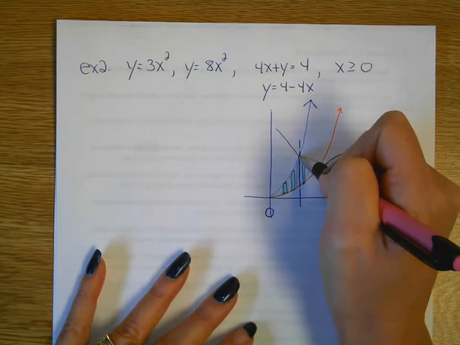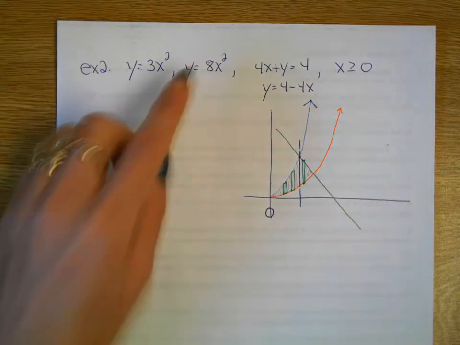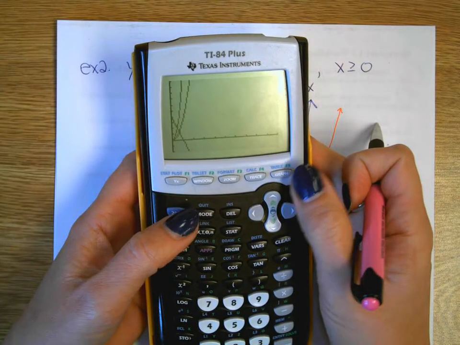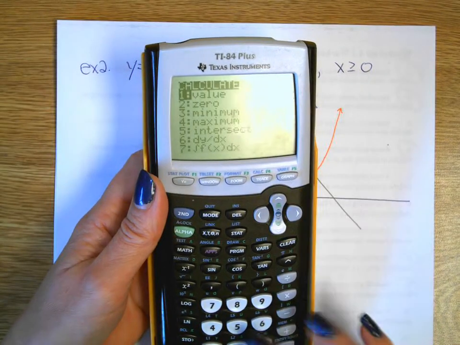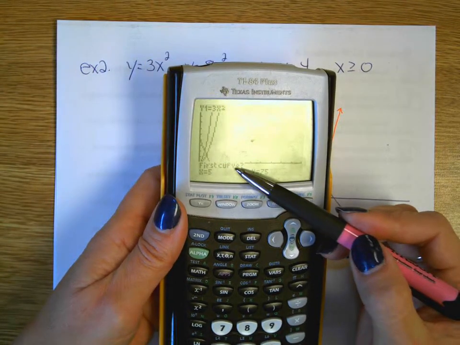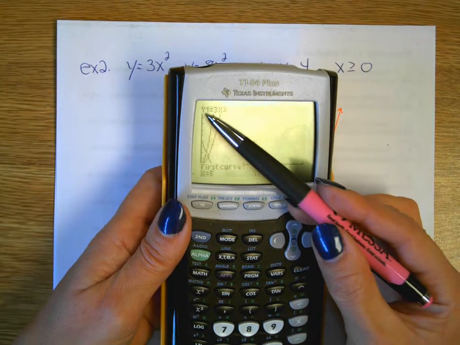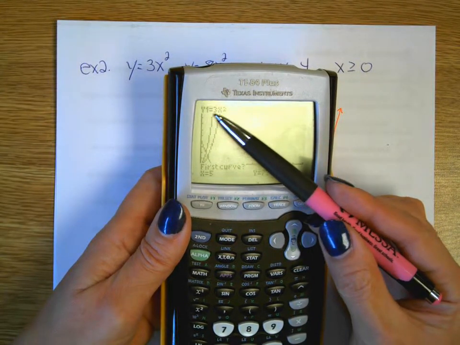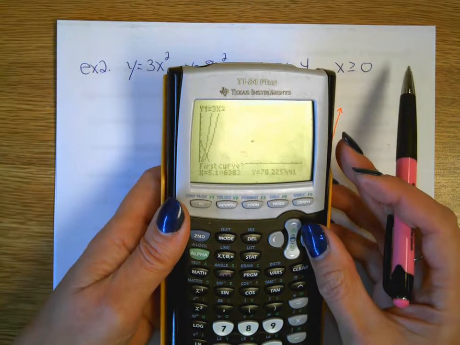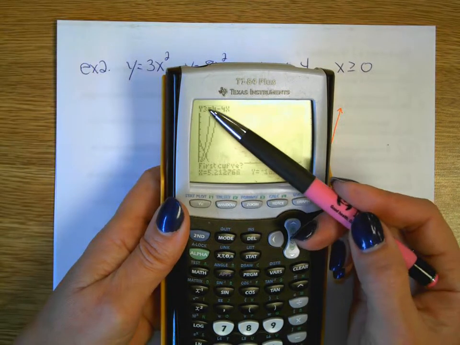So I'm going to have to go from 0. I have to find the intersection of the line, and this was the 8x squared. So I can do that. I'm going to go second, calc, intersect. And it's asking me, is this what you want to use as your first curve? Because usually we only have 2 in here, but this time I've got 3. And right now it's saying, is y1, the 3x squared, what you want to use? And it's not, so I'm going to make it scroll by using the up arrow, it jumped to the line.